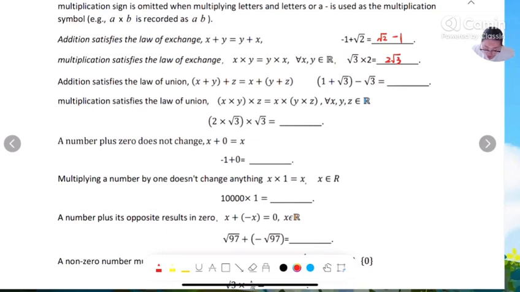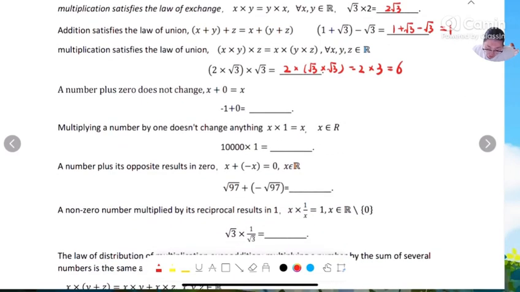Addition satisfies the law of union. So 1 plus the square root of 3 minus the square root of 3 is equal to 1. Multiplication satisfies the law of union. So 2 times the square root of 3 times the square root of 3 is equal to 2 times 3, which is 6.